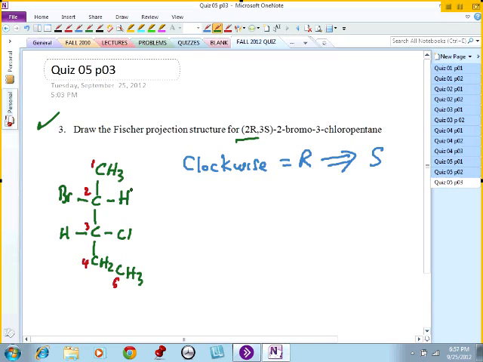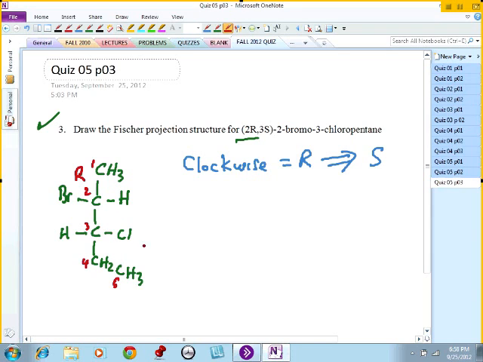So that is 2R. Everybody follow that? Okay, so this carbon now is 2R. Okay? Now, let us go to carbon number 3. We now determine the absolute configuration of that carbon. Okay? So we do the same thing. So at this point, this is R right here.